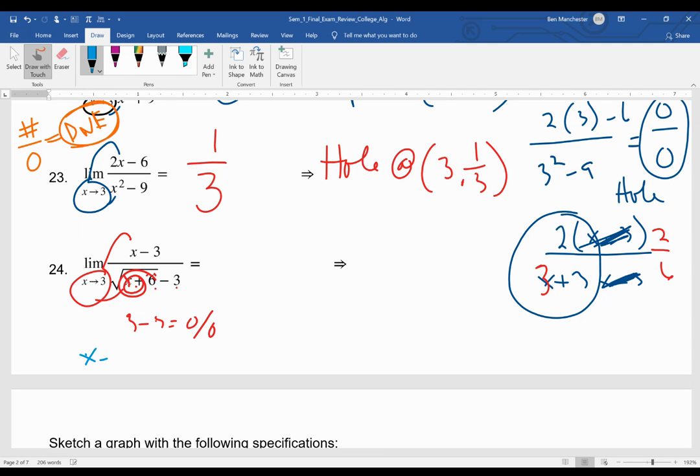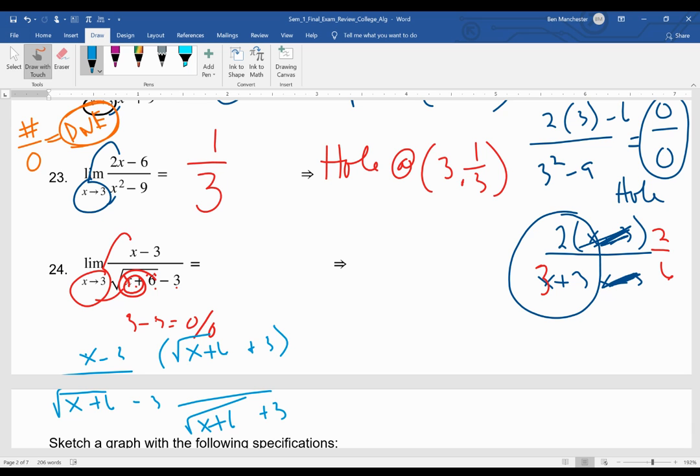So x minus 3 over root of x plus 6, minus 3. We're going to multiply by the conjugate, which is root of x plus 6 plus 3. And what happens is the radicals cancel out.